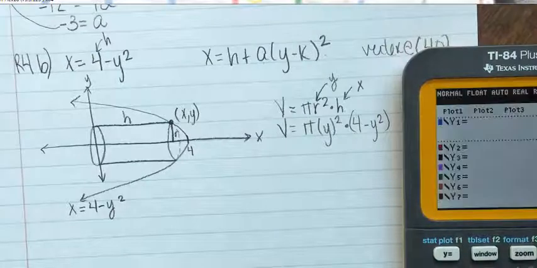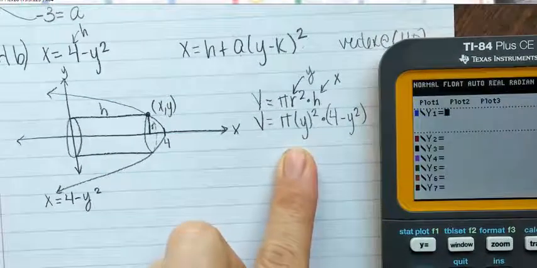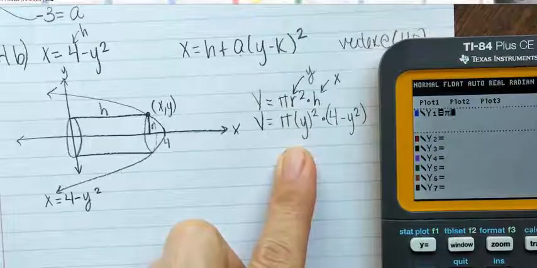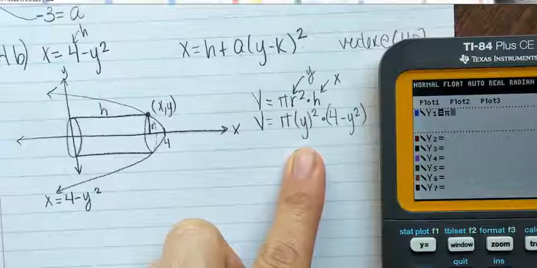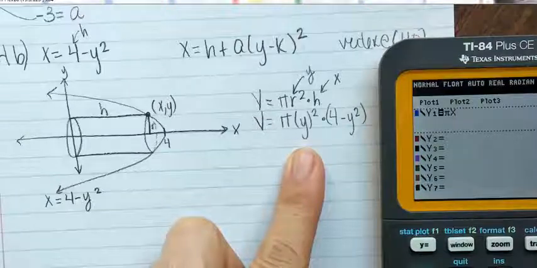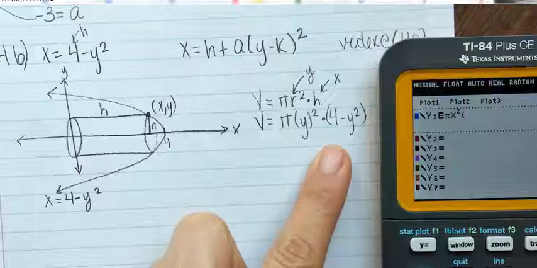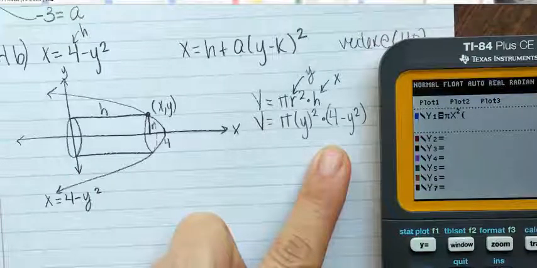You just go straight into your calculator and say, great, I'm going to graph this and find my maximum. We'll go pi y squared. I'm going to use x squared, and then 4.